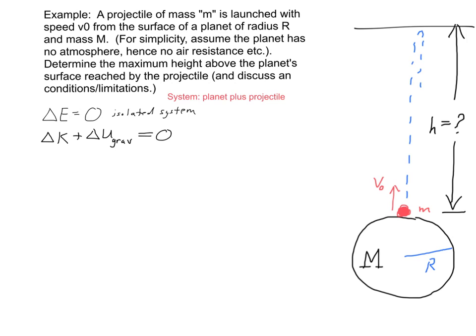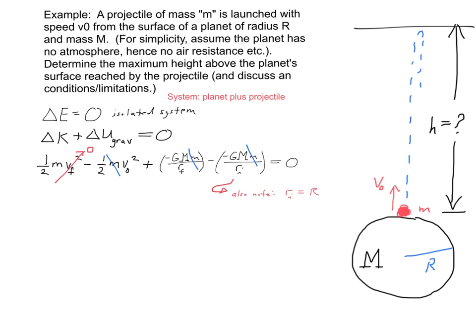That's it. So we plug in the appropriate expressions for these energy changes, and we can also note that at the maximum height, our final velocity, if we take that to be the instance of the maximum height above the planetary surface, that speed at that height will be 0, so v sub f is equal to 0. And in the remainder of the expression, we notice that we can cancel out the mass. Finally, we can multiply through by 2 and rearrange to get the following expression.